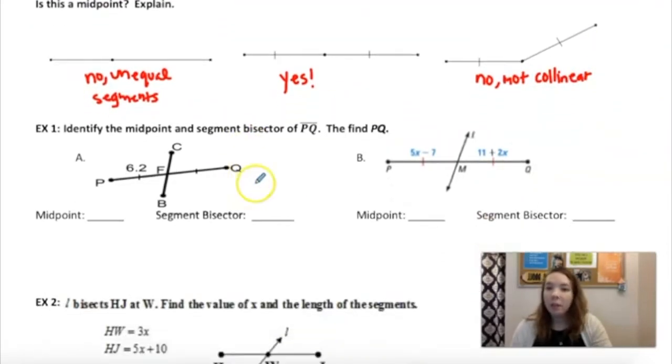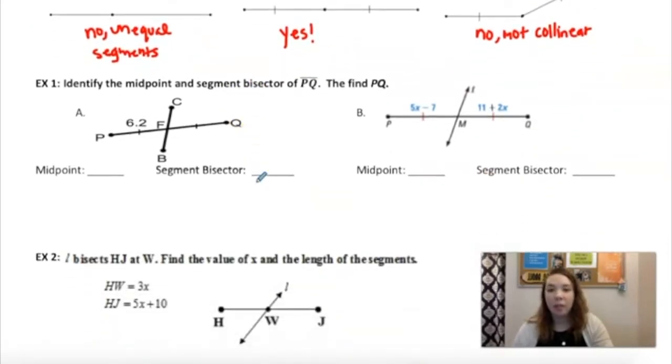Example 1, identify the midpoint and segment bisector of PQ. Then find PQ. The midpoint of PQ is right here, and we know that because these are marked as the same. So our midpoint is F. Our segment bisector is this segment, which we can name CB.